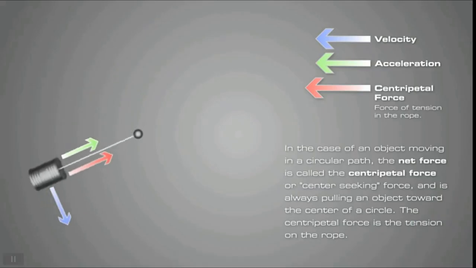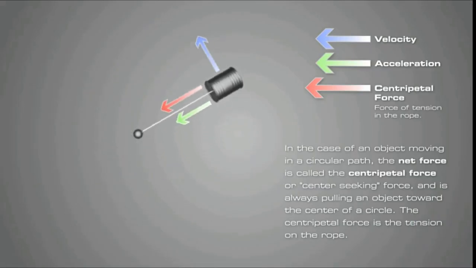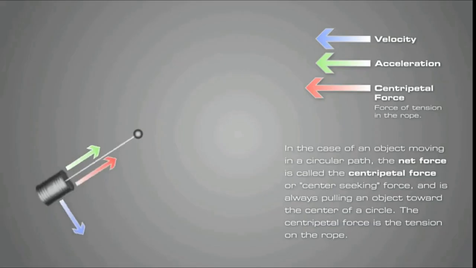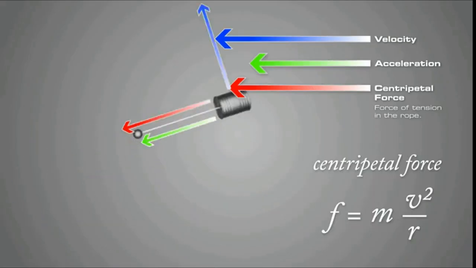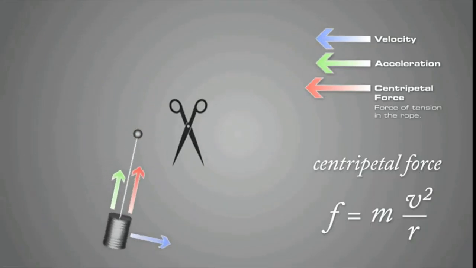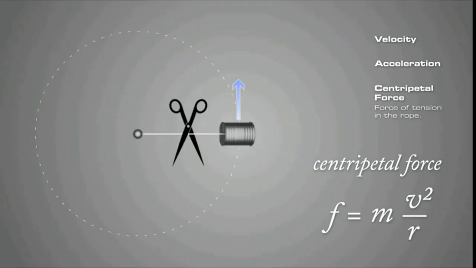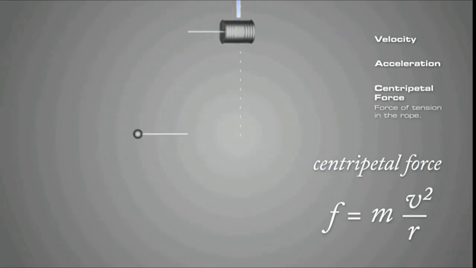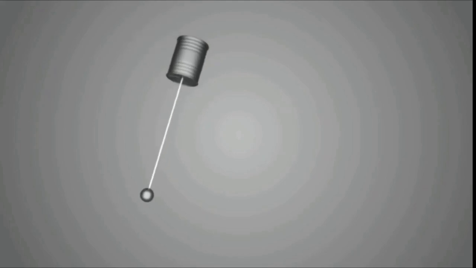Moving in a circular path, the net force is called a centripetal force or center-seeking force. And if the rope is cut, the can will no longer maintain a circular path, and it will fly in a straight line tangent due to Newton's first law of inertia. The centripetal force is the force that creates the tension on the string the center seeking force.